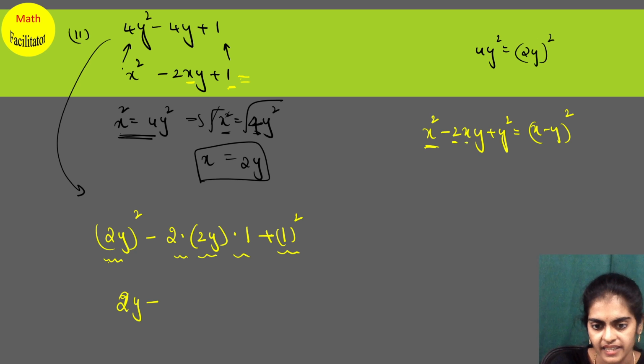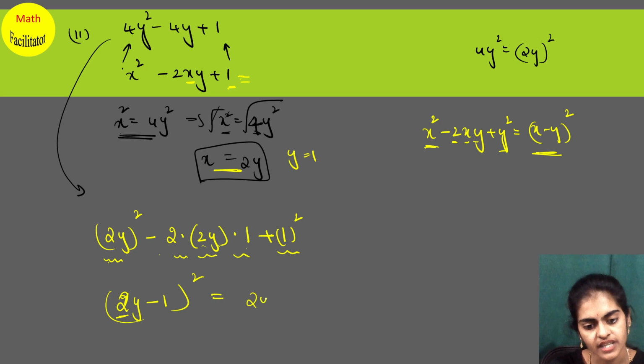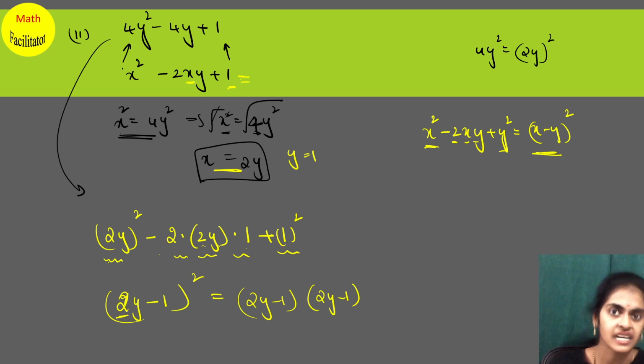In the place of minus 2xy you have minus 2 into, in the place of x it is 2y and in the place of y it is 1. So you can write it as x minus y whole square, right? So x is 2y we have done here and the value of y is 1. Okay, so x minus y whole square is this. You can also write it as 2y minus 1 into 2y minus 1. Clear? So the next question.